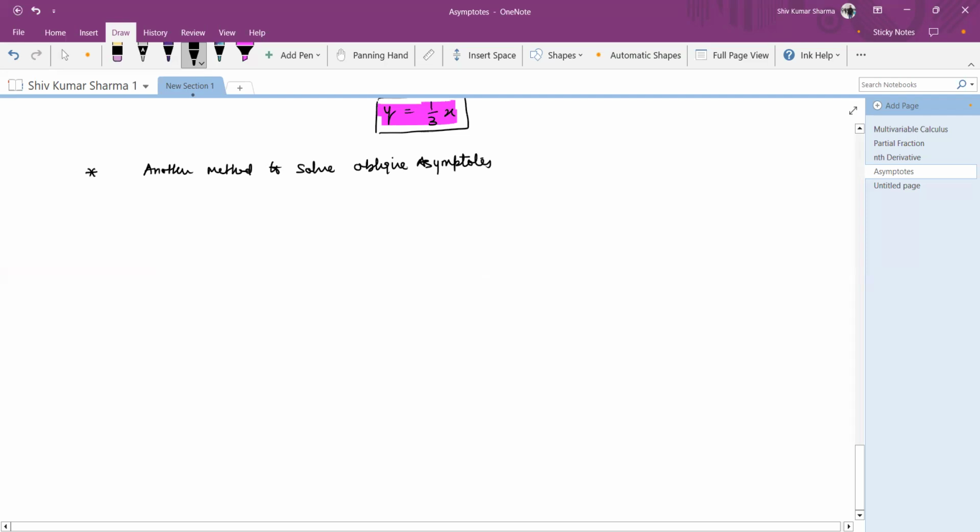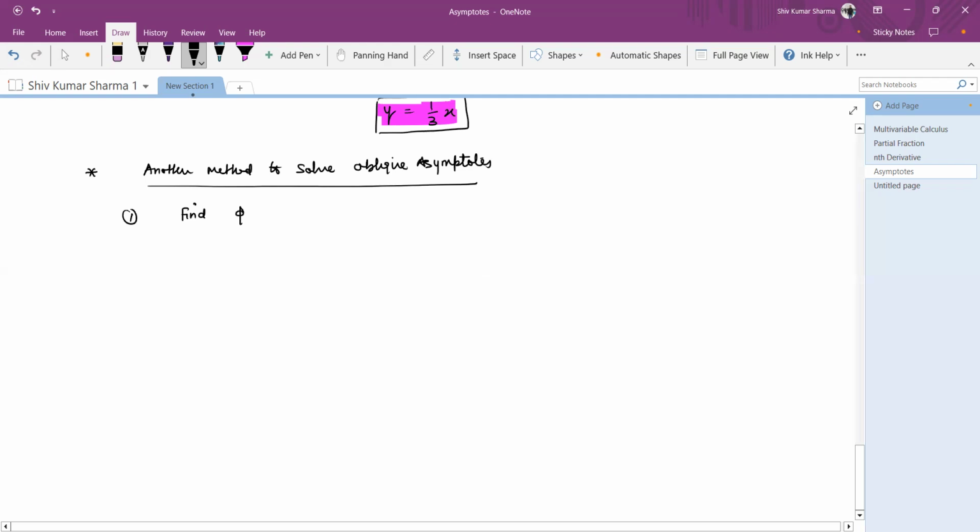So we start the working procedure for writing the asymptotes of a cubic equation or biquadratic equation or quadratic equation. The first step we follow is to find phi n m.